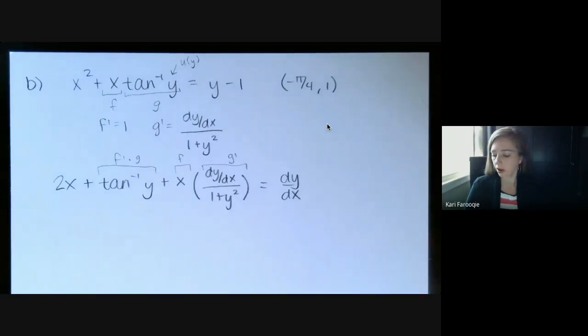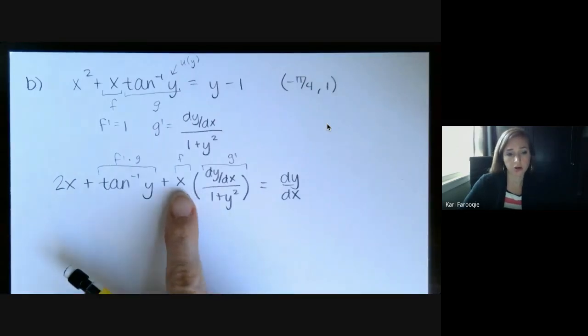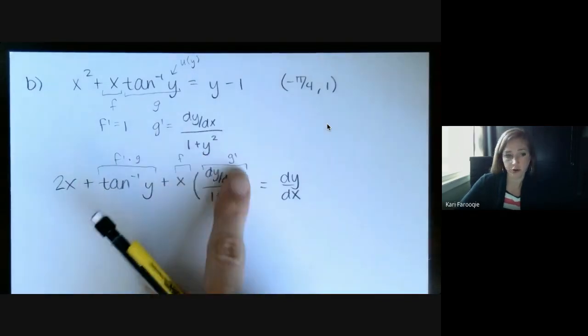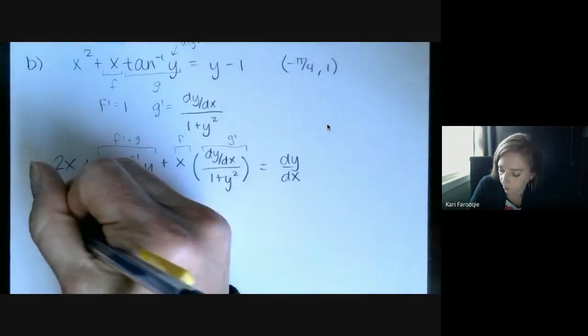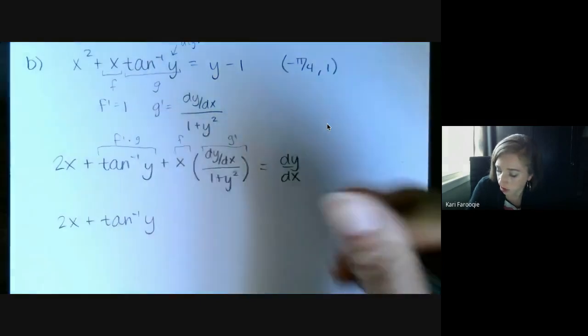Wonderful. This is weird because of the way it's written, but note that there's actually nothing to really distribute here. You're just multiplying x by this quantity. So I'm just going to rewrite this fraction so that it looks a little bit more clear as to what we need to do with the term. I'm not actually going to change anything.